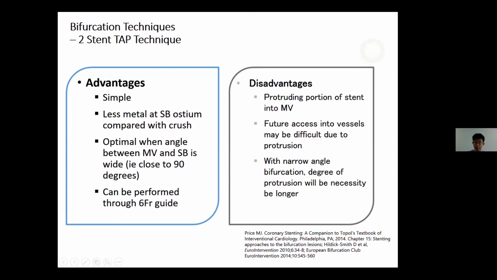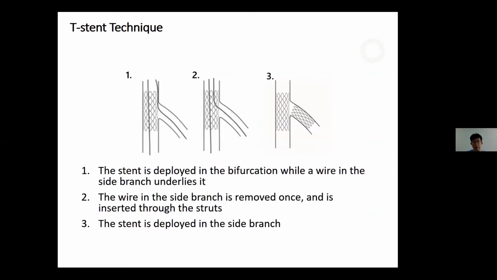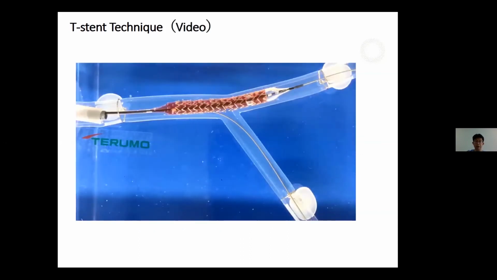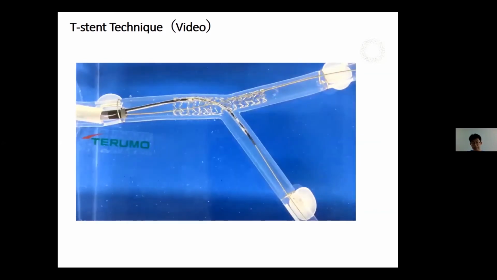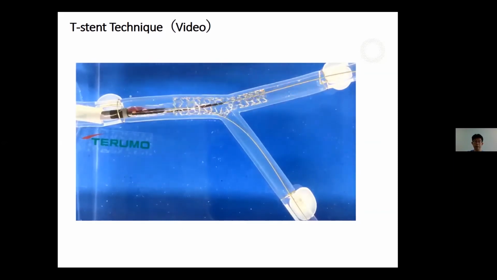The T-stent technique is even simpler, but the T technique is recommended only if the bifurcation angle is 90 degrees. This is the T-stent technique. First, a single stent with the POT technique, and then wire recrossing at the far distal, and then deliver the balloon for the side branch, and finally kissing balloon inflation at the bifurcation.